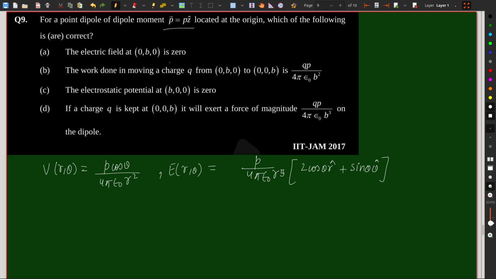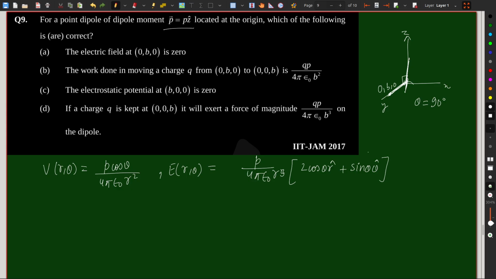So the electric field at (0, b, 0). The dipole is along the z direction, with x and y directions as shown, placed here. At (0, b, 0) the angle between this axis and the dipole axis is 90 degrees, so theta is 90 degrees.